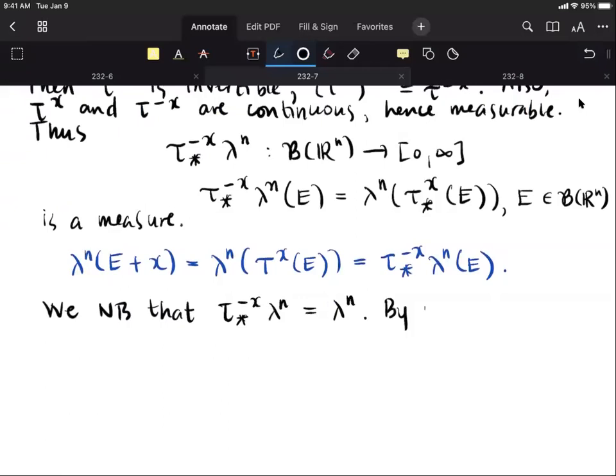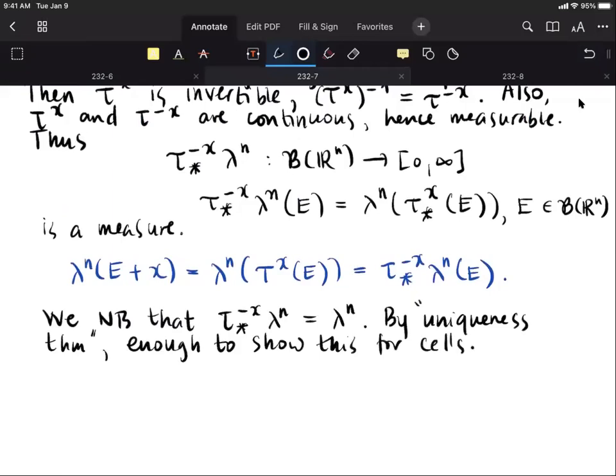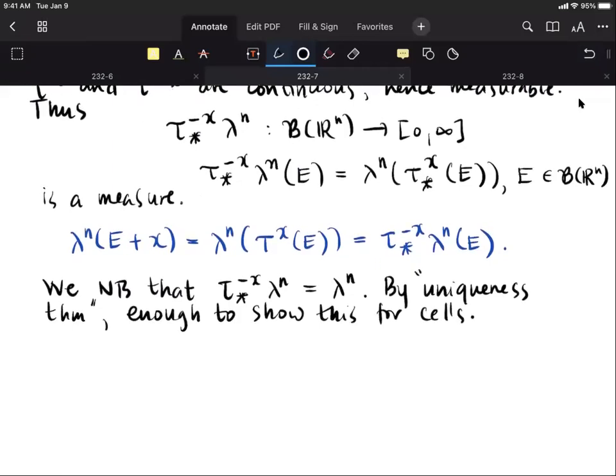Okay, by the uniqueness theorem, since we have a sigma finite measure space, it is enough to show this for cells, since the cells generate the Borel sigma algebra.